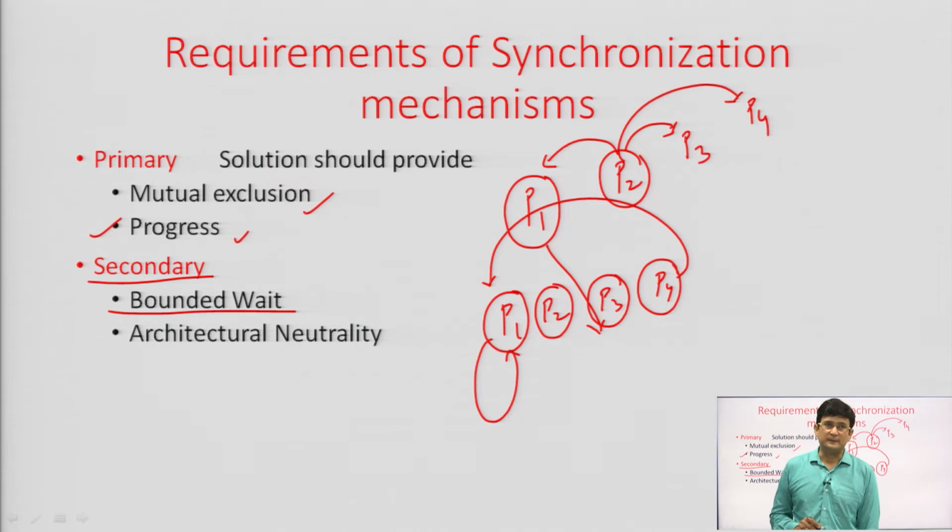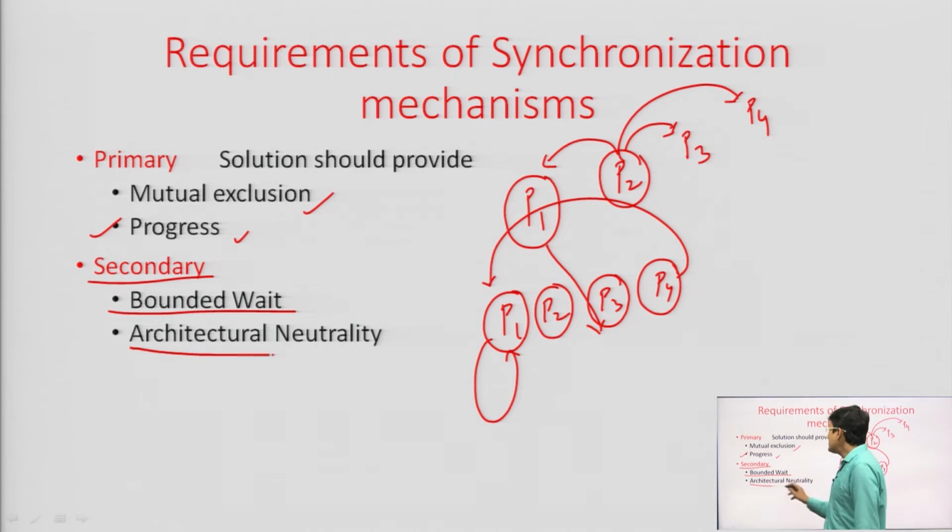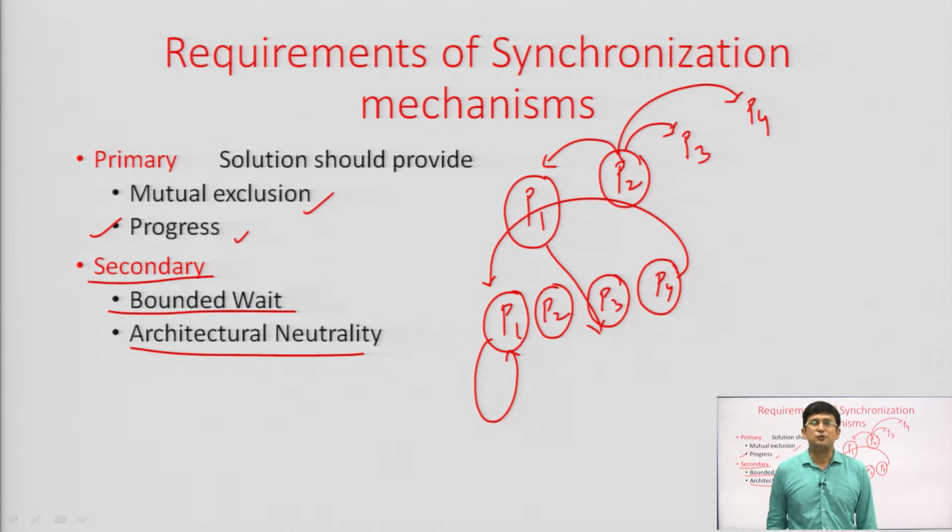So, the bounded waiting condition says that there should be a defined time after which a process is guaranteed to get the critical section. Then the architectural neutrality, meaning that whenever we are devising a solution to the critical section, that should be platform independent. Platform independence means it should not depend on the software it is running, and it should not depend on the hardware on which it is running.